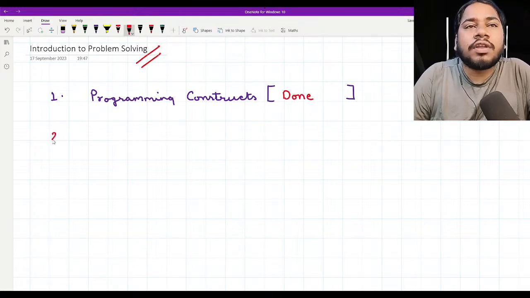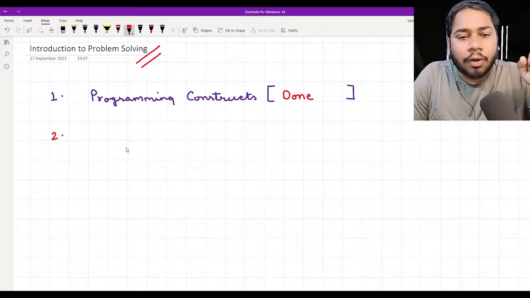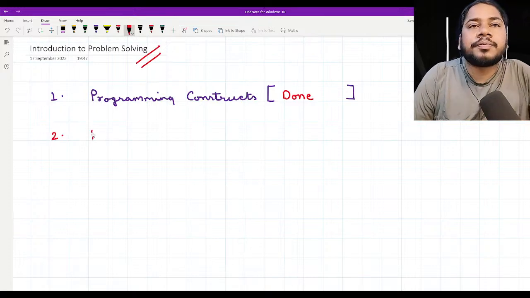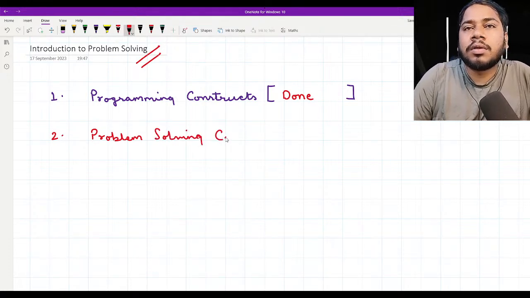And the second one, which we are going to cover now, is problem solving constructs.